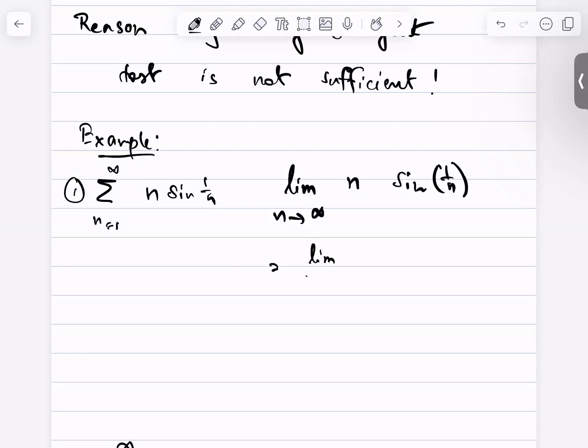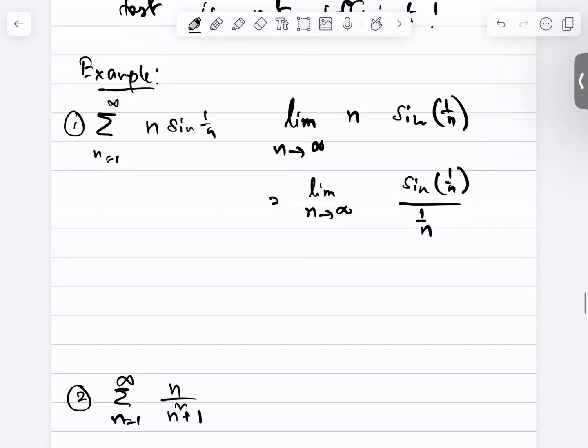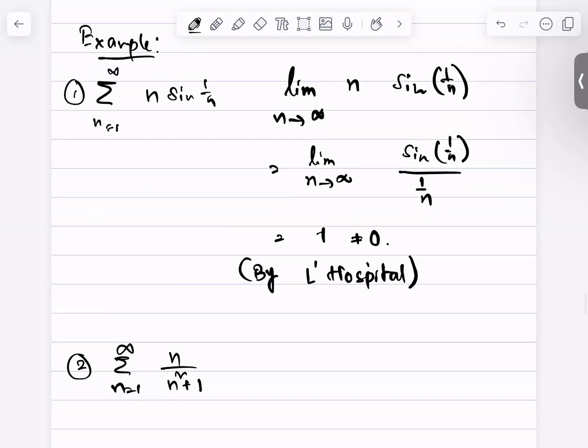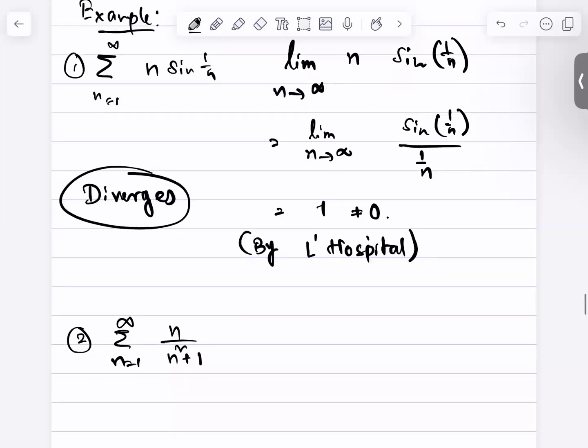And I can write this in a slightly fancier way. And this limit is 1, which is not equal to 0, of course. And why that is 1, you need to use L'Hopital to figure it out. I'll leave it. And therefore, by the divergence test, we can see that this is diverging.